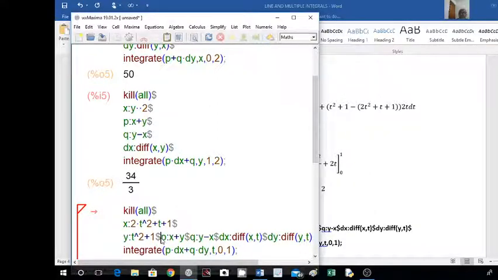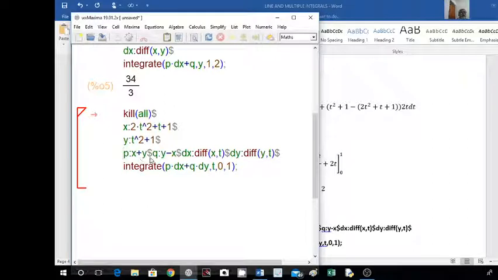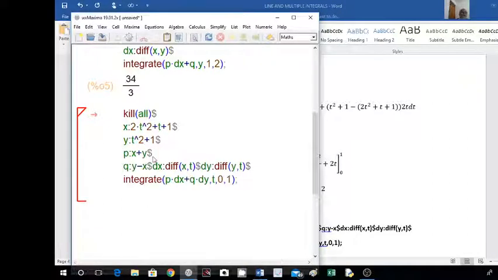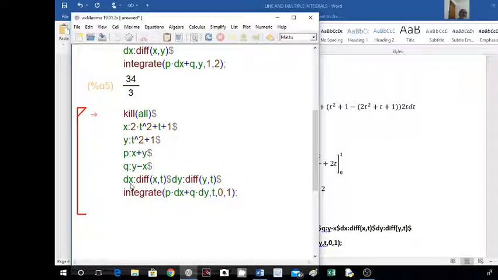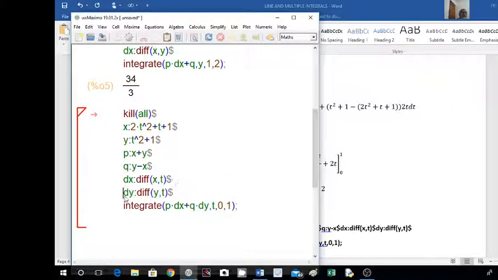P is x plus y, and Q is y minus x. Then we differentiate x with respect to t to get dx, and similarly differentiate y with respect to t to get dy. Then we write P dx plus Q dy, with respect to t, t ranging from 0 to 1. Let me execute. 32 by 3 is the answer now. Yes, 32 by 3 is the answer.